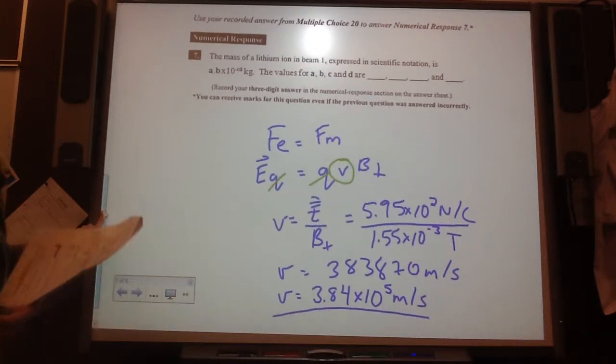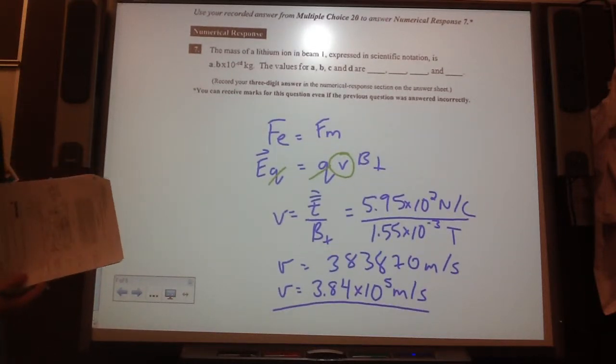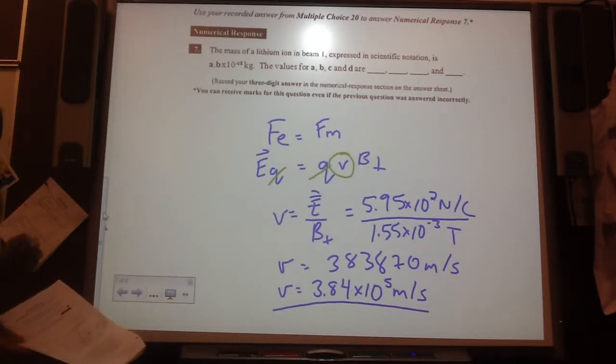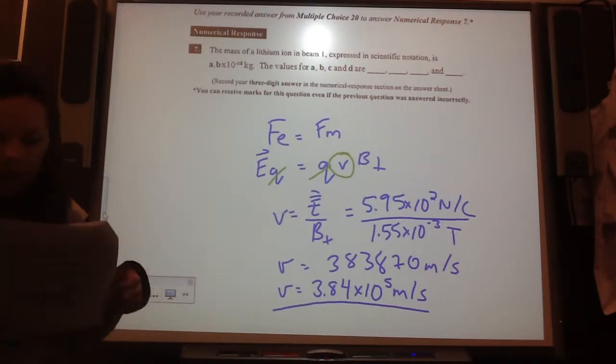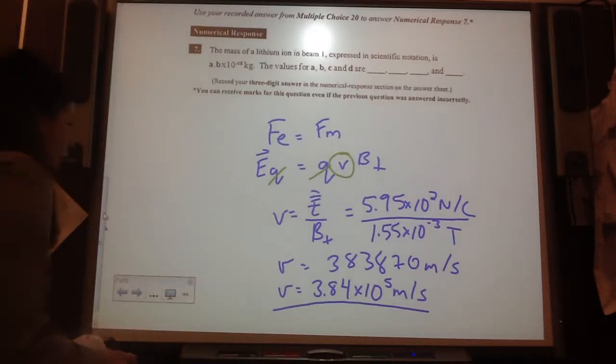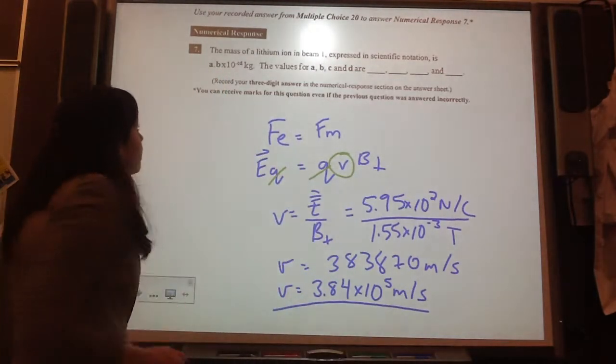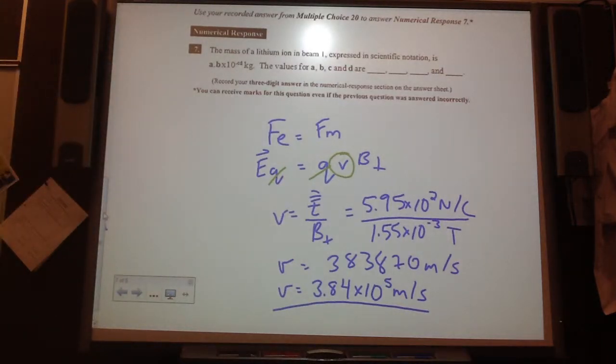In the multiple choice options, that's answer B. Okay, so then there's a second question for this. It says, for numerical response, the mass of a lithium ion beam in beam 1 expressed in scientific notation is what?